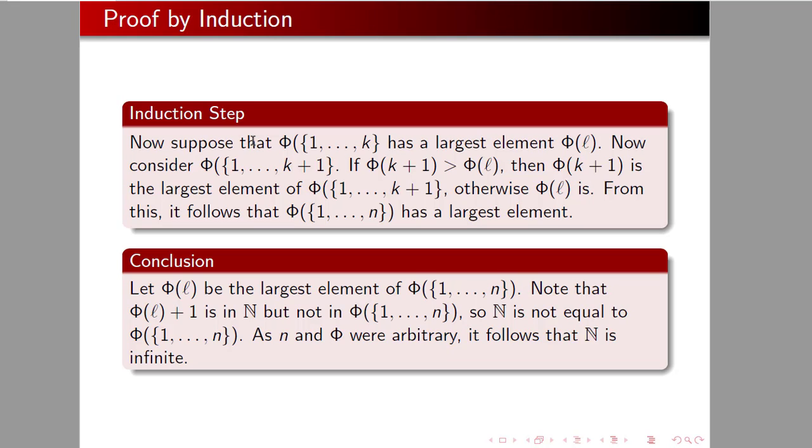Note that phi of L plus 1 is a natural number, but it is not in phi of {1 through n}. So the natural numbers are not equal to phi of {1 through n}. Therefore, as n and phi were arbitrary, it follows that the natural numbers are infinite.